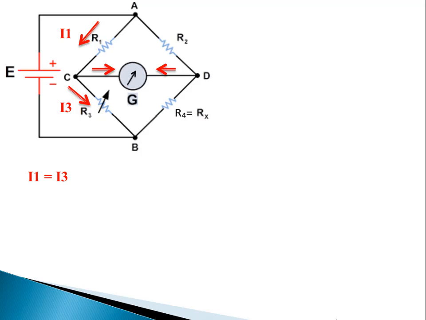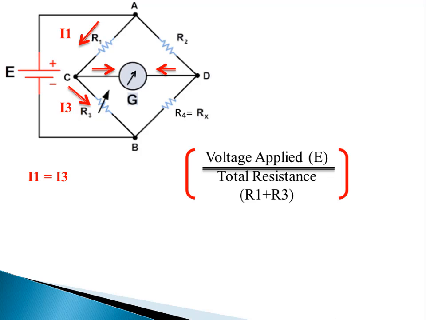According to Ohm's law, this current is equal to the voltage applied in the circuit, that is E, divided by the total resistance R1 plus R3. So here we can write I1 is equal to I3, that is equal to E divided by R1 plus R3. Consider this as equation number 3.